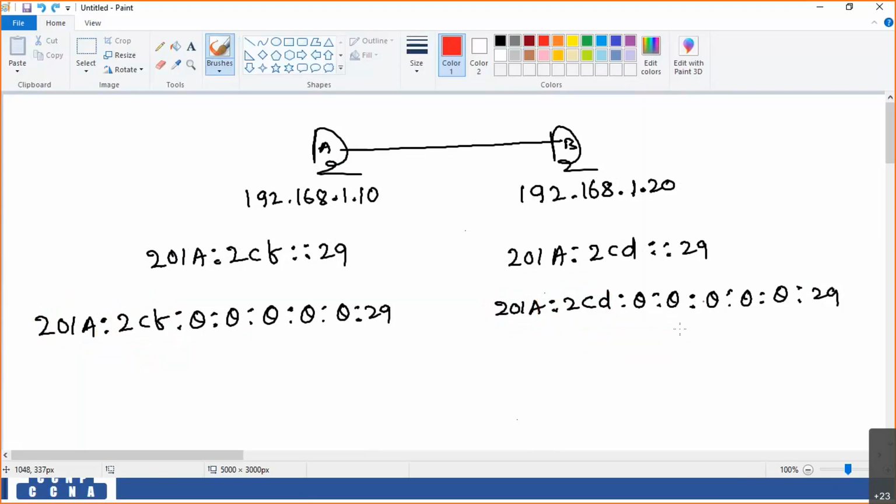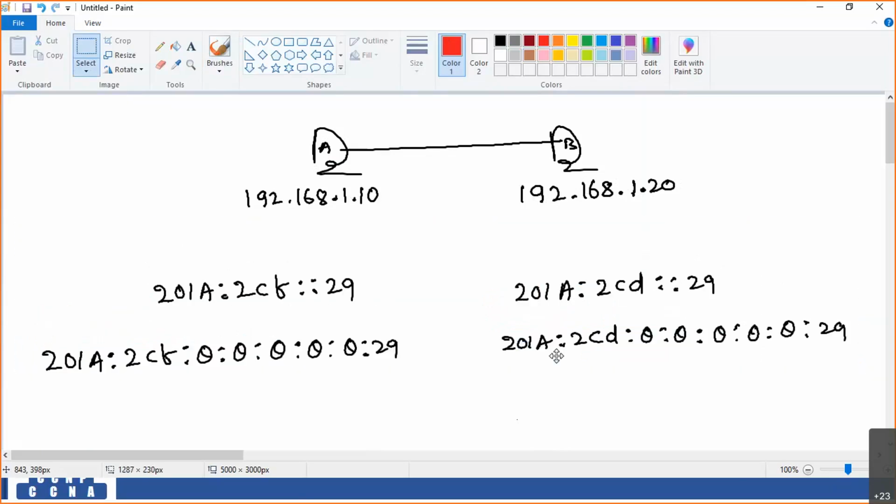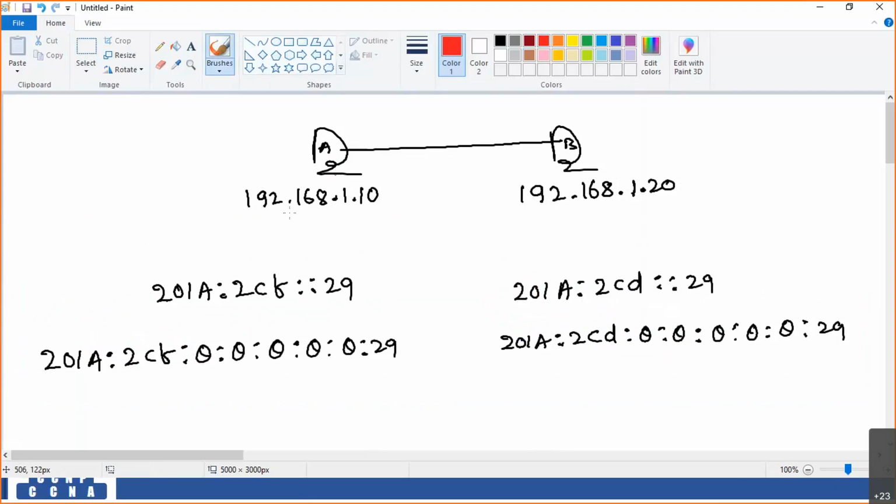So you just focus on the first 64 bits, which is the first 4 fields. In IPv4, we can clearly tell that these can communicate because it is a class C, with network and host portions.